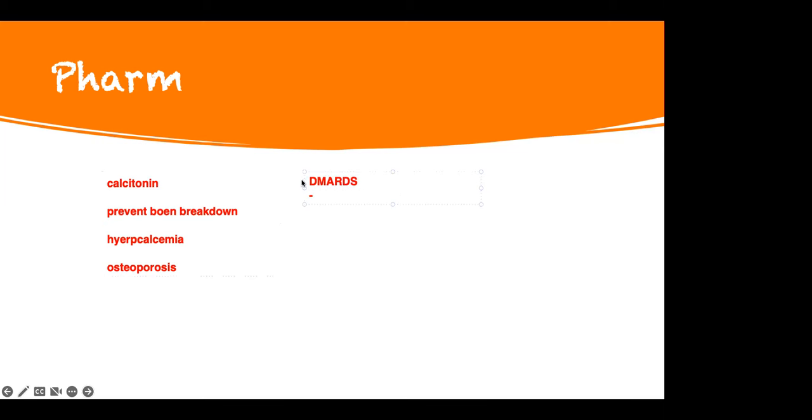The DMARDs. What the DMARDs do, like hydroxychloroquine, is slow down the joint degeneration. They're going to slow down the progression. Methotrexate is an example.